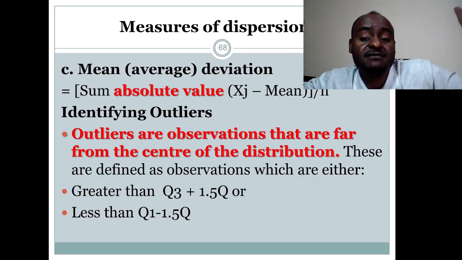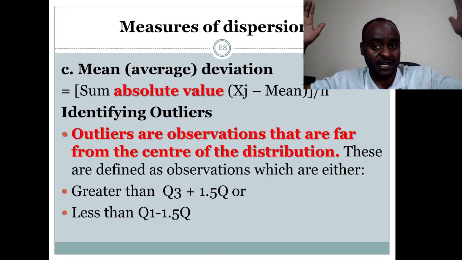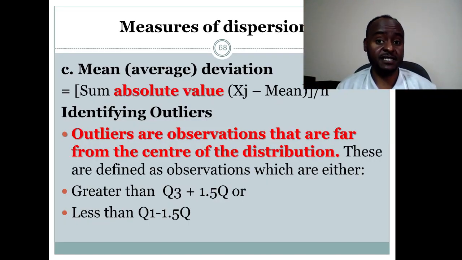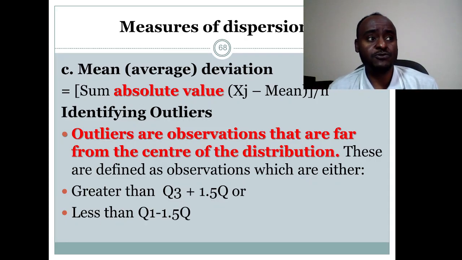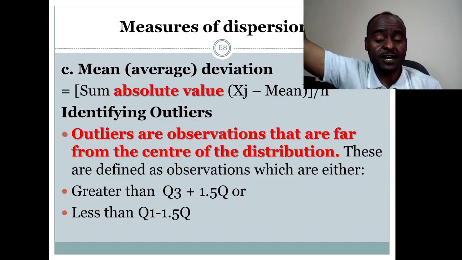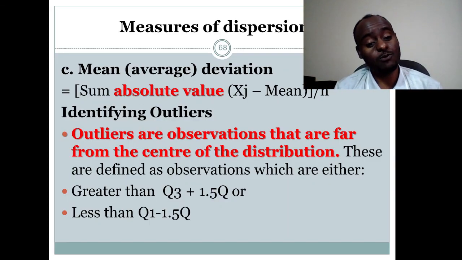When we say the mean, it is the average, something in the middle. Of course, mean is not median, but it is something in the average. So we need to know whether a given data point is above the mean or below the mean. One of the limitations of mean deviation is this: we don't know the direction.